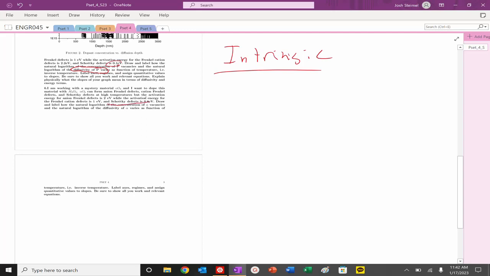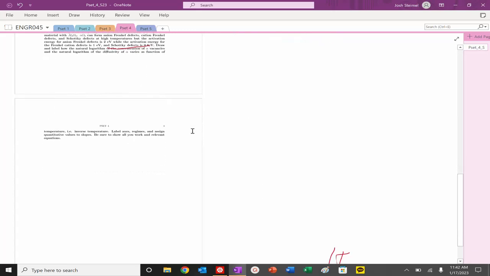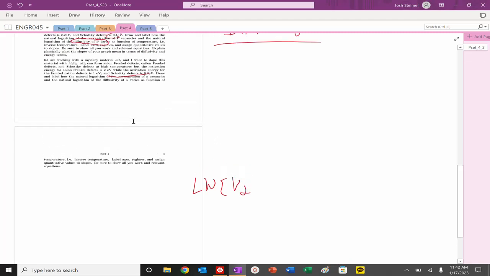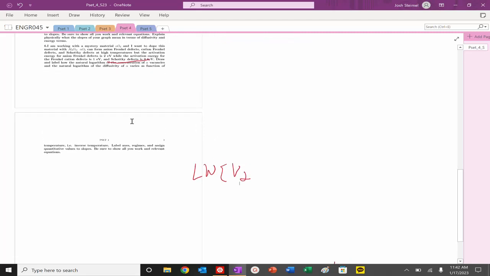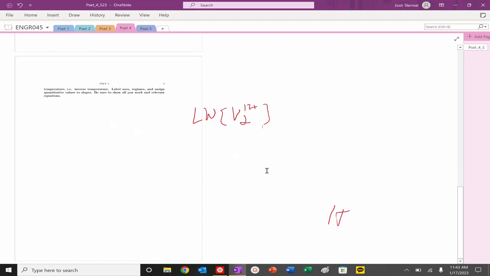So let's go ahead and see, and I'm looking at the concentration of my alpha vacancies. So again, what I'm going to draw is ln of the concentration of vacancies of alpha, and I can see that alpha is a plus 12. So I'm just going to do 12 plus, just to make our life a little bit easier.